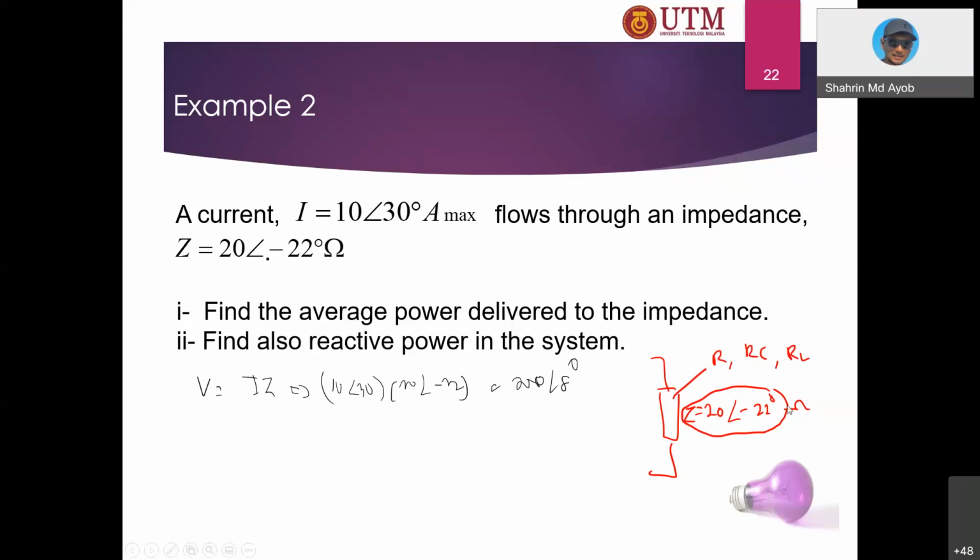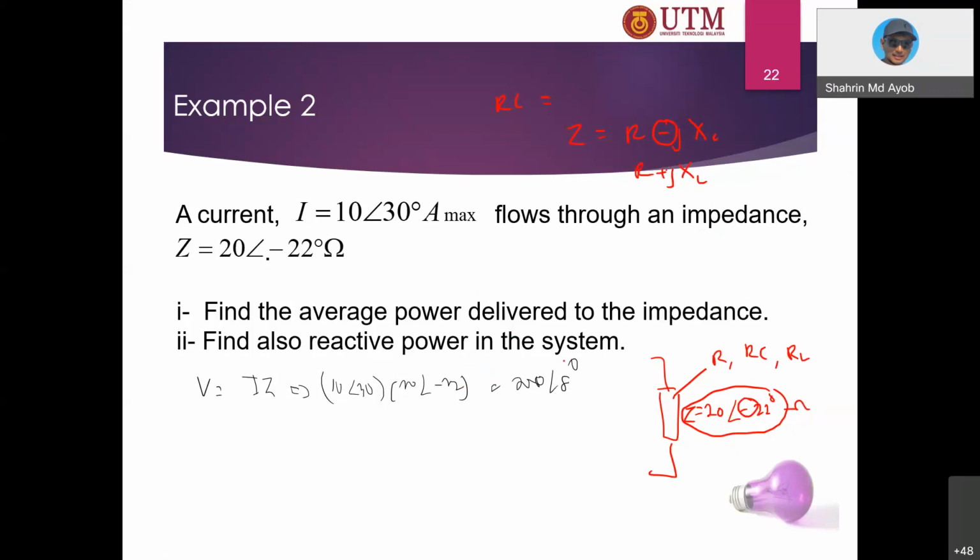Because for RC, the impedance is R minus jXC, so this minus determines your angle. If it is an inductor, actually RL, then you will have R plus jXL. So this is capacitive.